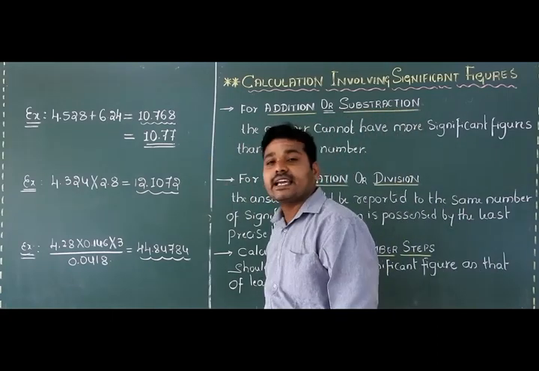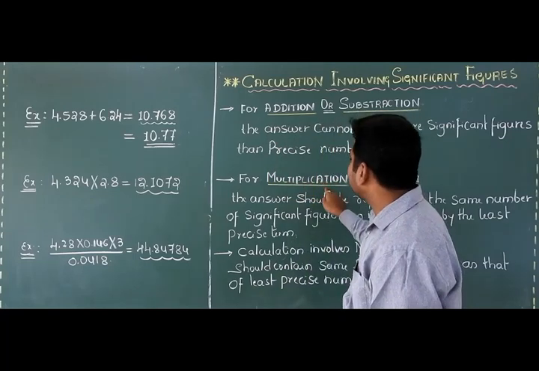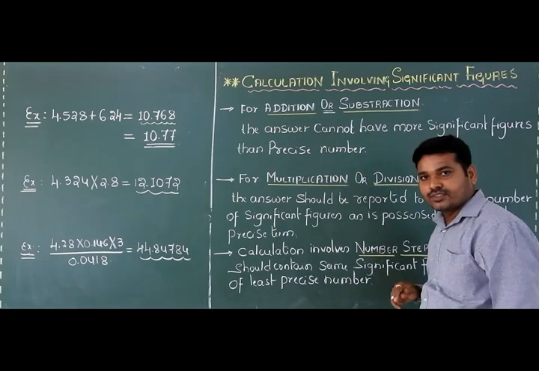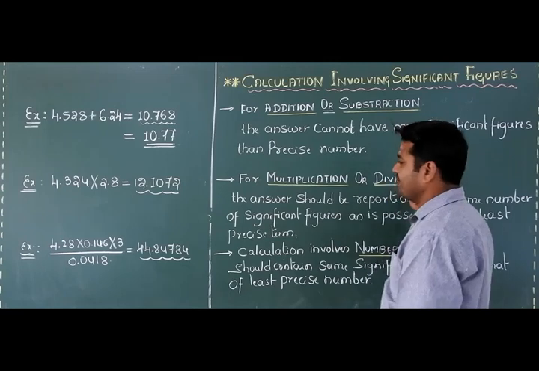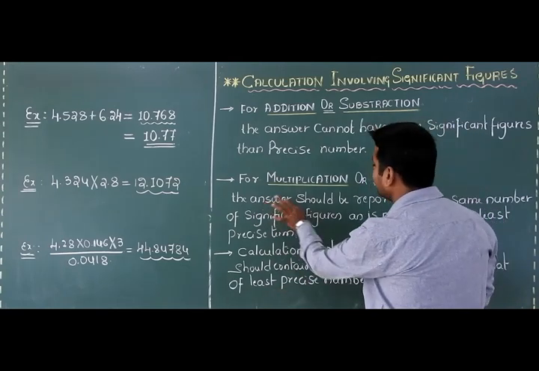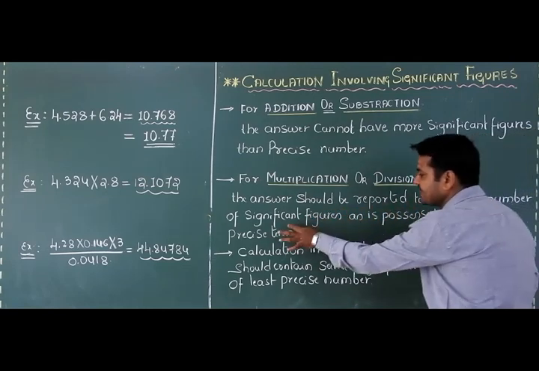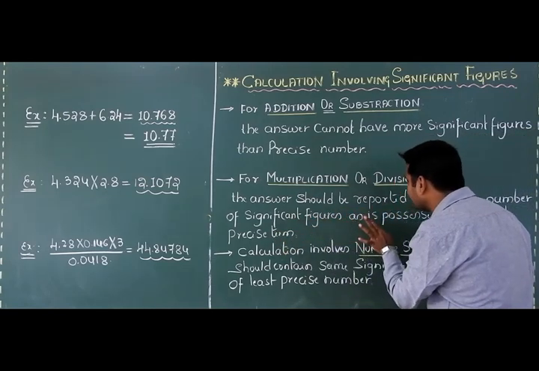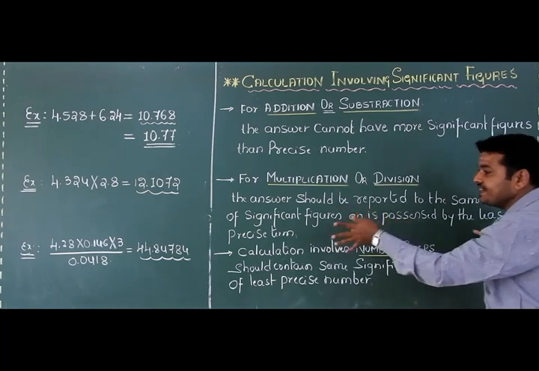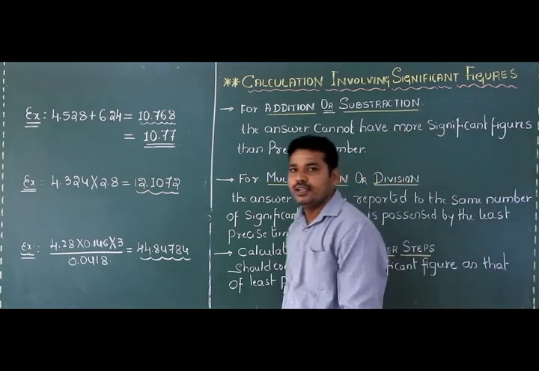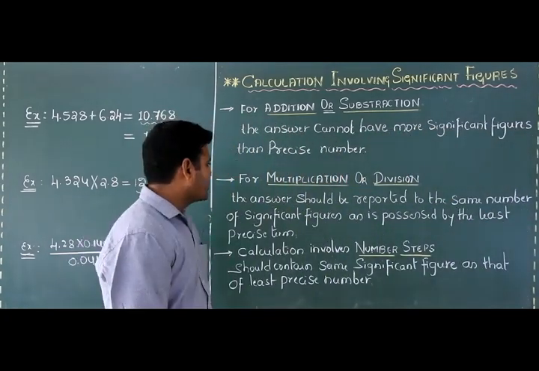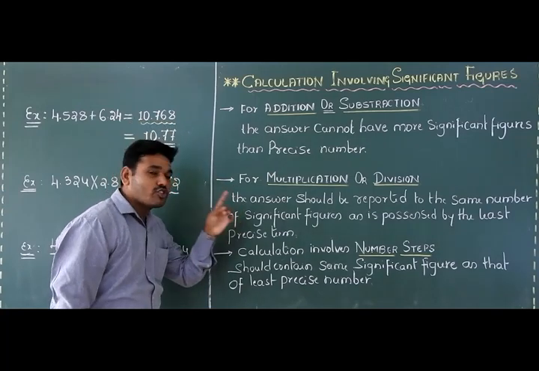So now coming to the second condition, in multiplication or in division. For multiplication or division, the answer should be reported to the same number of significant figures as is possessed by the least precise term. Listen to this point carefully.